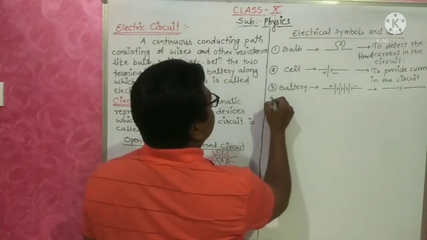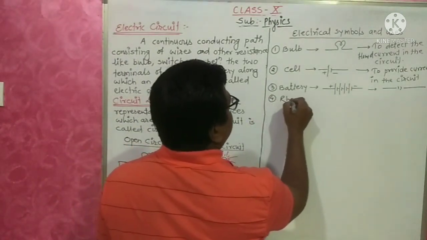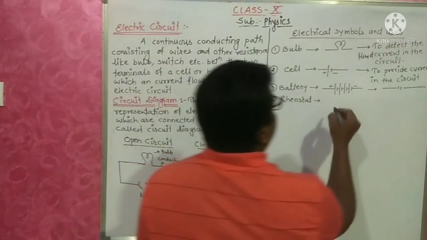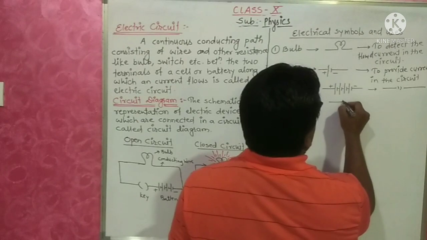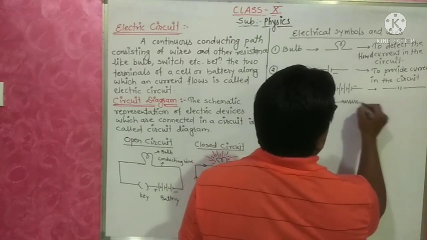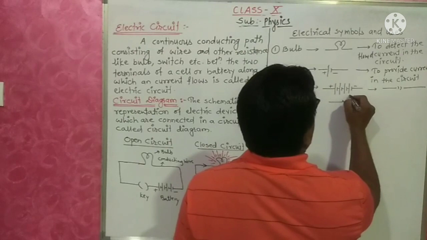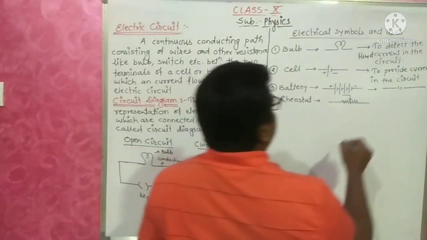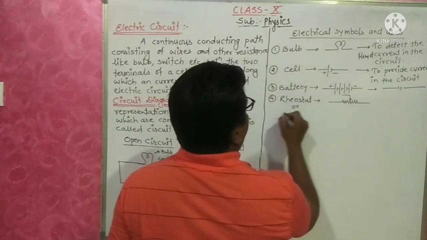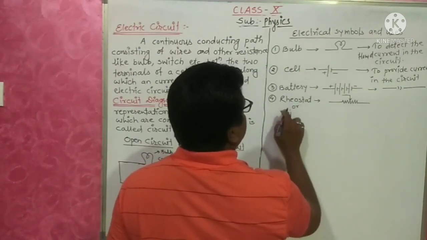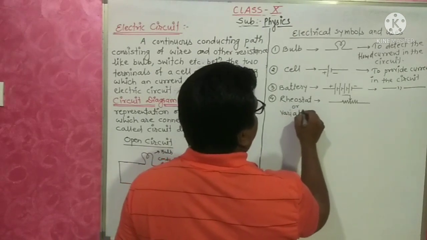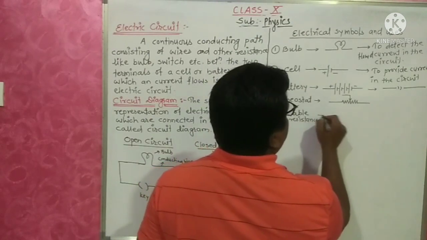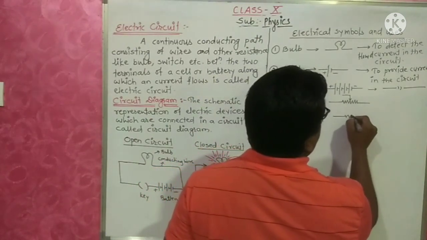Then the rheostat. This is a rheostat, also called variable resistance.